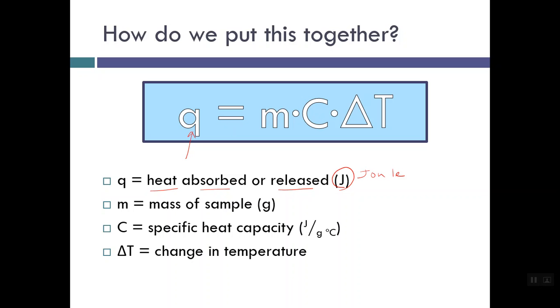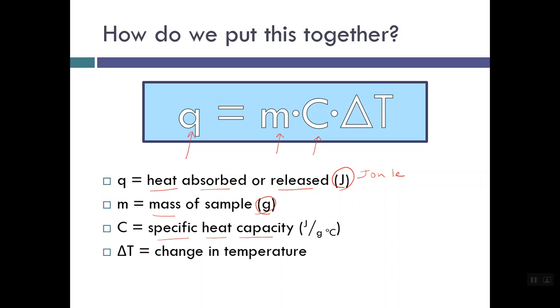M is the mass of the sample, and that unit would be grams. C is the specific heat capacity. That is how much heat it takes to change the temperature 1 degree Celsius.